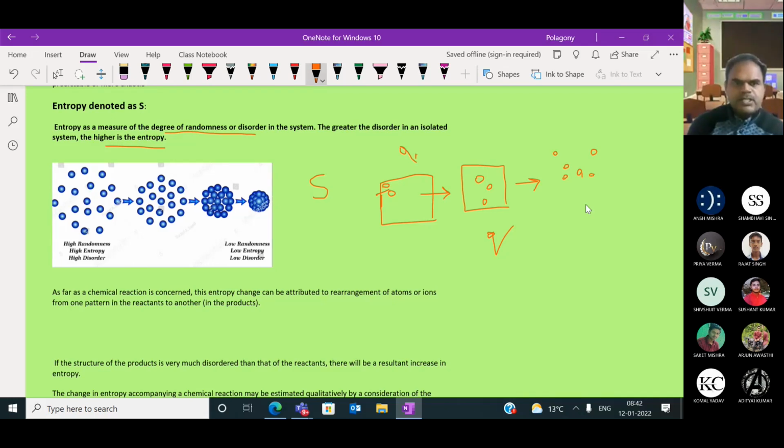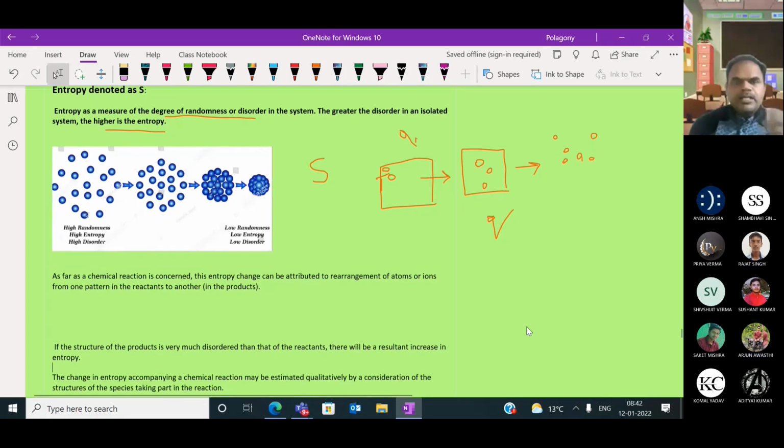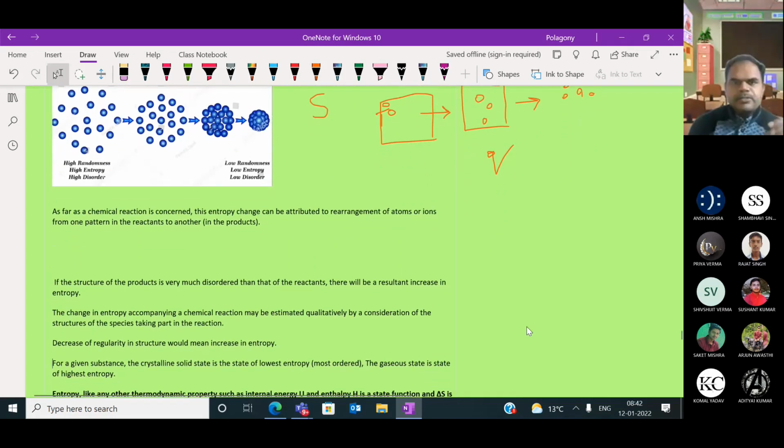Is it in a contraction stage or an expansion stage? Expansion. Expansion stage. That's why the entropy of the universe is increasing. Then what could be the reason? Energy is the reason for the increase of entropy, that means heat energy difference.